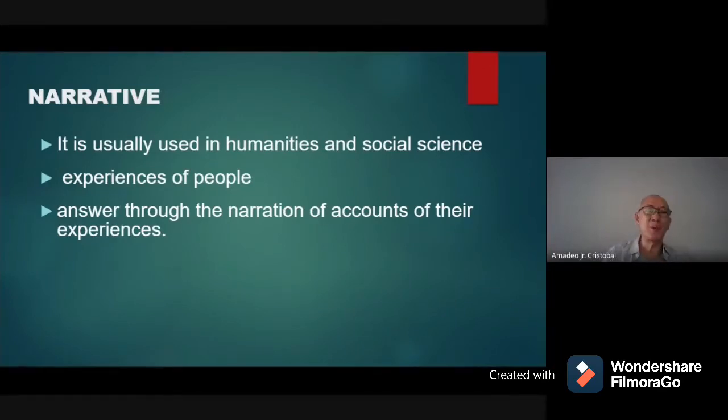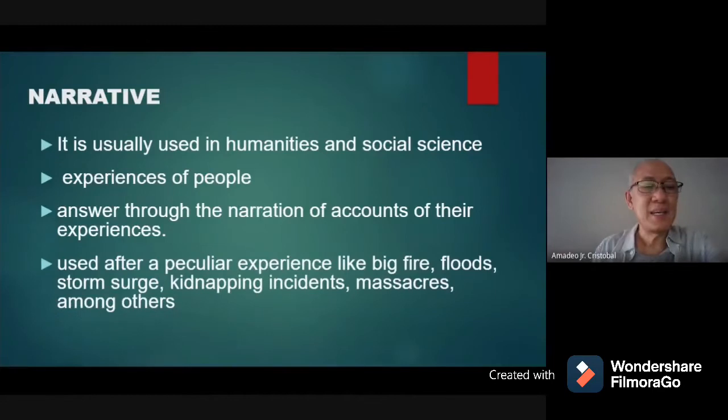So what you're going to do is just to restate or to write the narration of accounts of your participants. This is very useful when you do qualitative research using narrative after a peculiar experience.